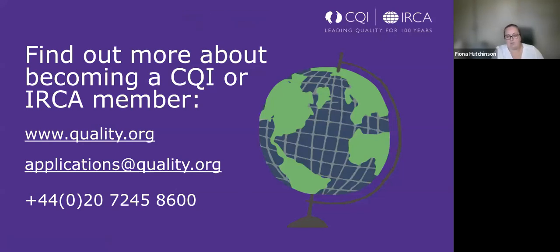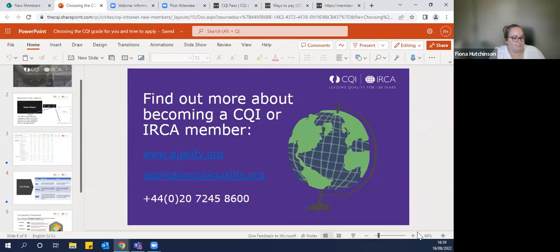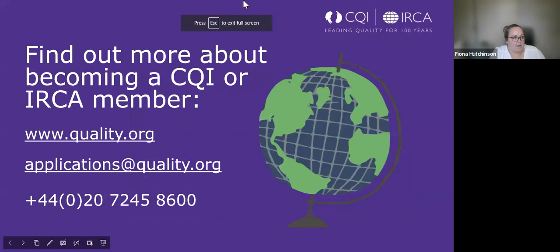We usually respond within sort of 24 hours. We're open Monday to Friday, 9 o'clock till 5 o'clock UK time, and then on Fridays it is till 4. So we do try and get back as quickly as we can. But yes, this webinar is more specifically about CQI membership rather than IRCA.